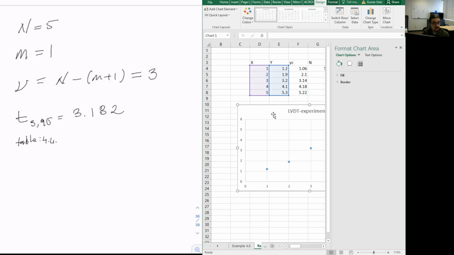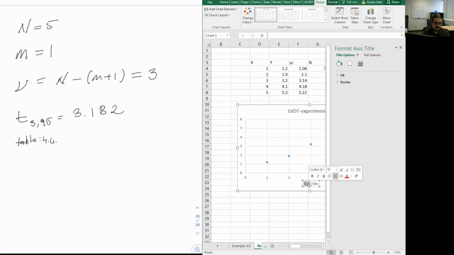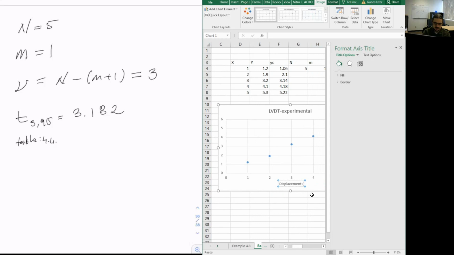So you can also put in some information here, because it's not clear what my y-axis and my x-axis are. So you can add an axis title here. That's going to be displacement, and that's going to be in centimeters, correct?